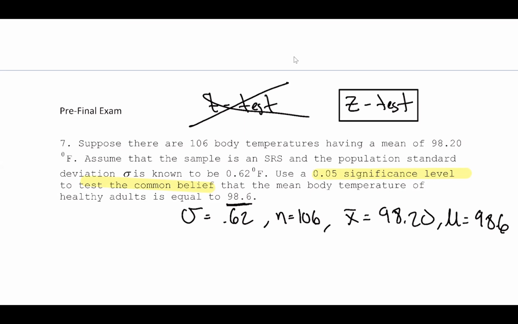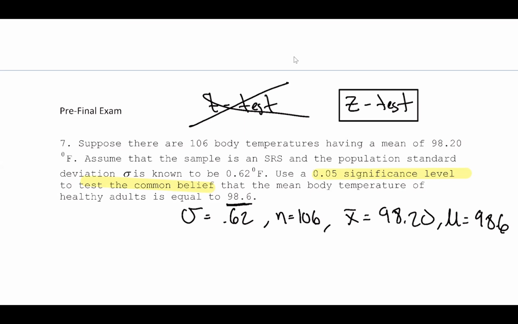Everybody good with the labeling? Also, you want to be careful, because for some of you on the test, you mislabeled a bunch of stuff, and that's why you got some of the problems incorrect. You said the sample was my mean and your mean was your sample. If you mislabel it, pretty much your whole problem is going to be incorrect.